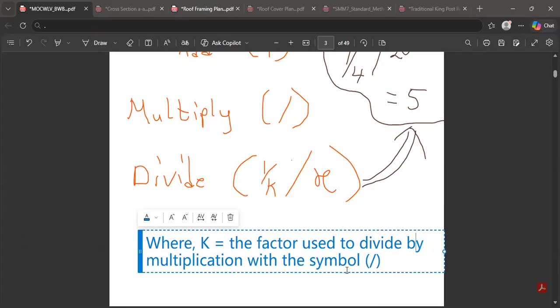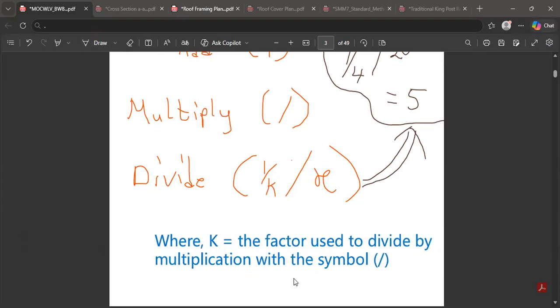So that is where k is equal to the factor used to divide by multiplication with the symbol, the symbol I just showed you. So this k I'm talking about is equal to the factor used to divide x, by multiplying with this symbol.